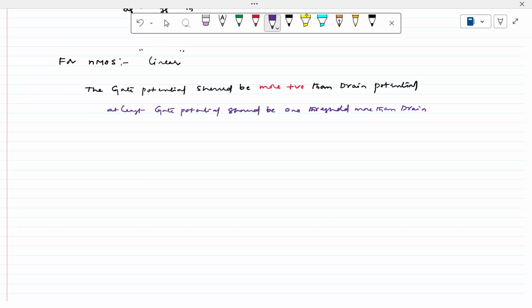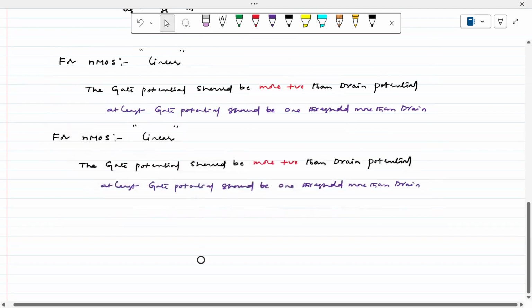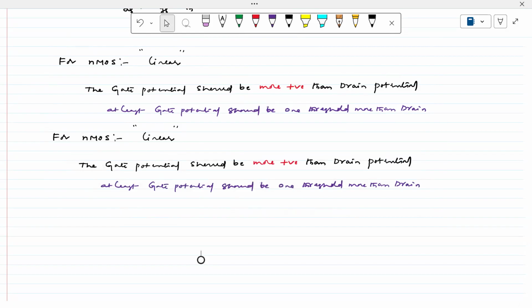Similarly, what statement can I write here again? That the MOSFET is said to be in saturation.